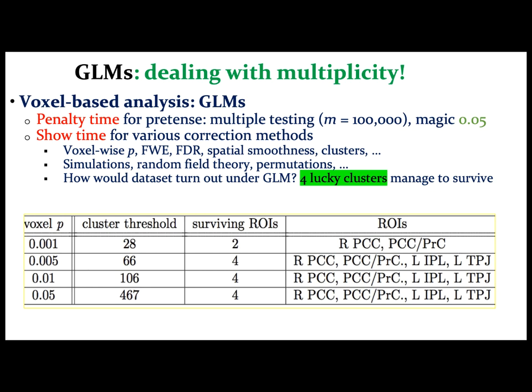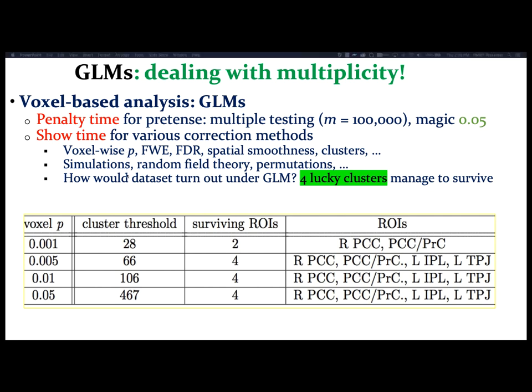If we do the whole-brain voxel-wise analysis, then we go through the second step: the correction for multiple comparisons. You can use several ways. Here we simply use Monte Carlo simulations. With the current standard, typically the reviewers will ask you to use a voxel-wise p-value of 0.01, for example.